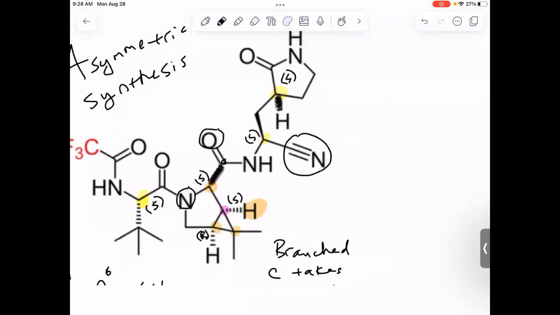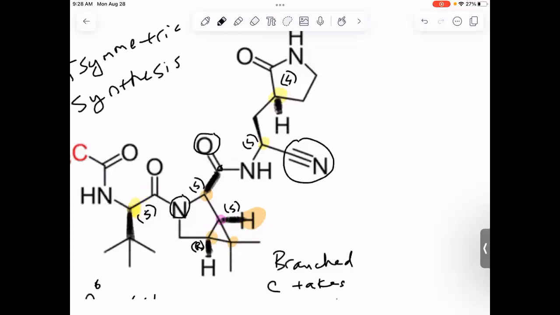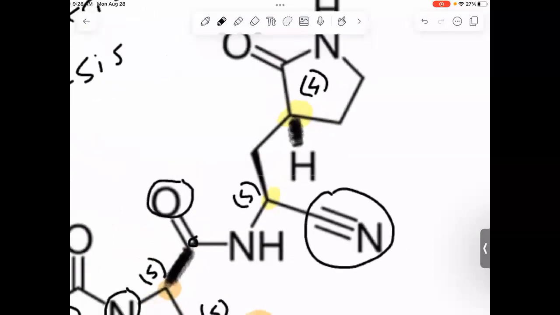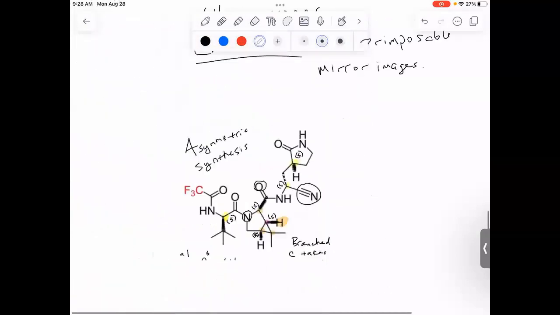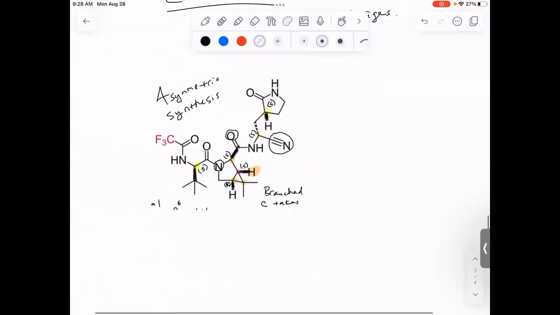This will be wedged. These two would be wedged. And that would also be wedged. And then this would be dashed. That's what the enantiomer would look like. Every stereo center would be the opposite. Are y'all following? So the mirror image is the exact opposite of the original image. That's what an enantiomer is.